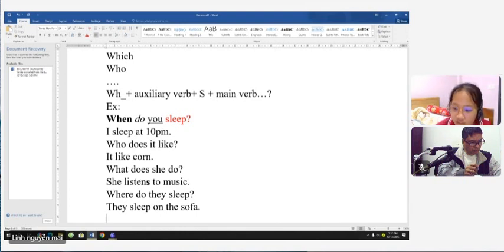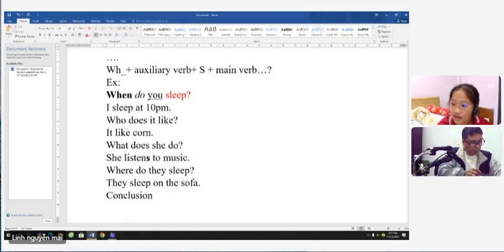So for the conclusions, you know that today we'll learn about the normal verb in the simple present tense. Conclusion. Okay? And there are three types of sentence for the normal verb. That is positive.